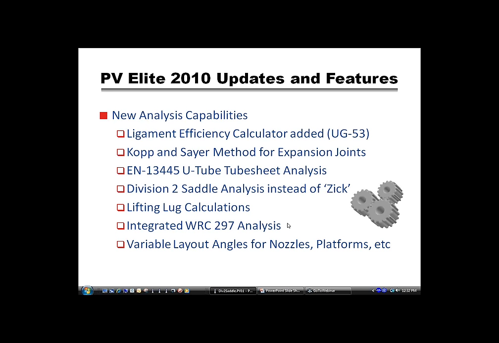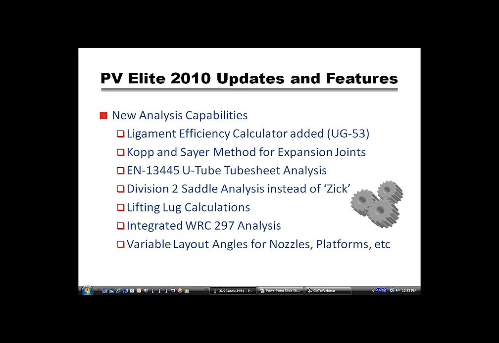It is based on Welding Research Council Bulletin 297, and this is helpful in some cases because some end users and clients specify that that's what they would like you to use. It also handles a slightly wider range of diameter ratios than WRC 107 caters for.